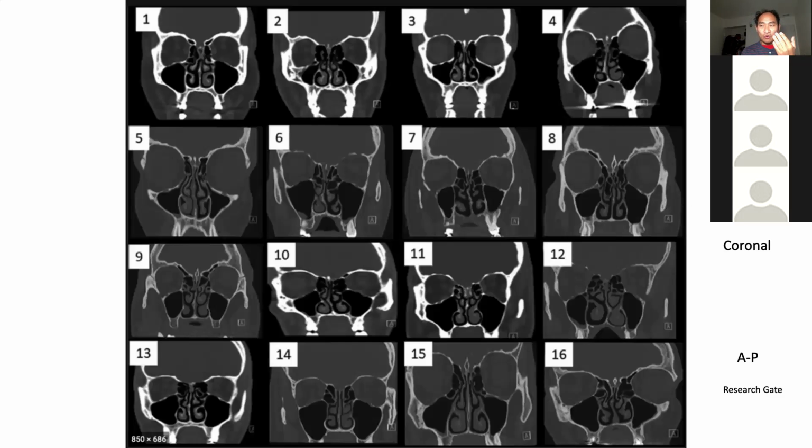But once we go through multiple planes, like this is the right orbit, this is the left orbit, this is the right nasal sinus, this is the left nasal sinus, this is the right side, this is the left side, and it's multiple planes going from front to back. It is called coronal plane now. It is no longer called the anterior-posterior plane.